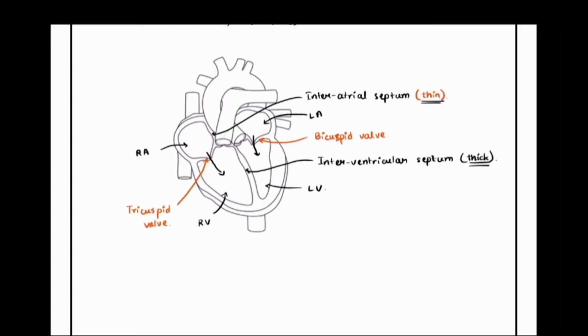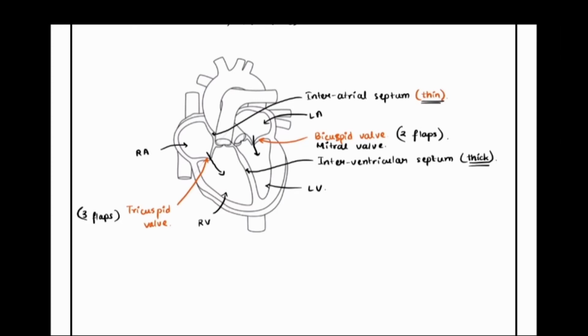The tricuspid valve has 3 flaps. That is why it is called tricuspid. And the bicuspid valve has 2 flaps. That is why it is bicuspid. And the bicuspid is also called the mitral valve.